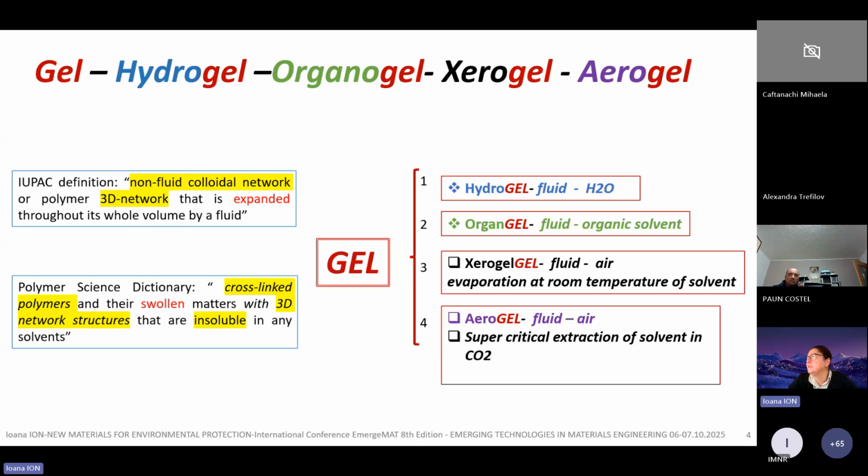The gels are classified in four principal classes: hydrogel, organogel, xerogel, aerogel. Difference between them is the fluid, and for the last two, the method of preparation.